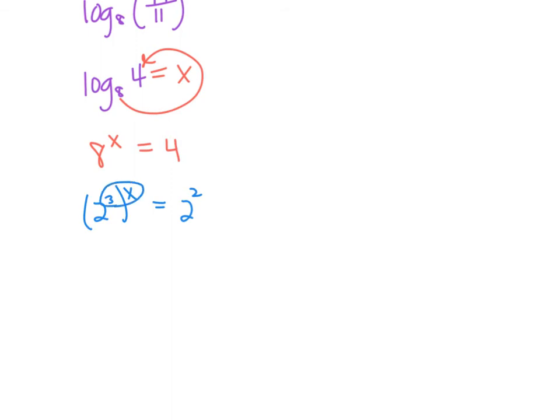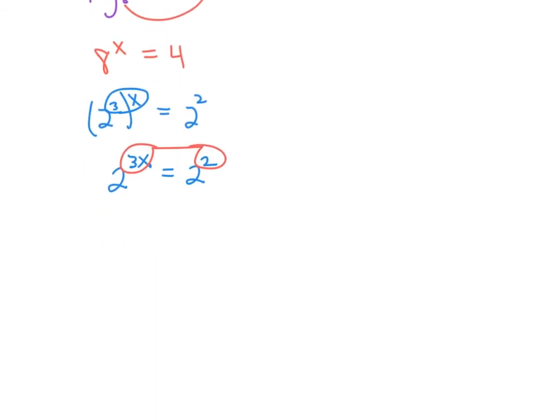When you have those two exponents, those will be multiplied. So you have 2 to the 3x is equal to 2 squared. Now that our bases are the same, that means that our exponents will also be the same. So that's the equation we write to solve for x. 3x equals 2. Divide both sides by 3, and x is equal to 2/3.